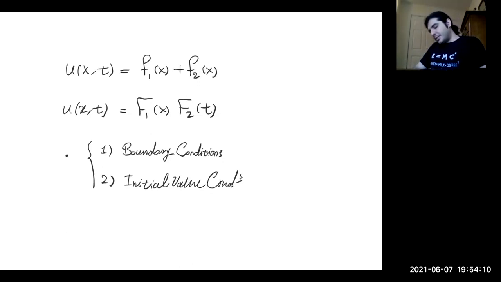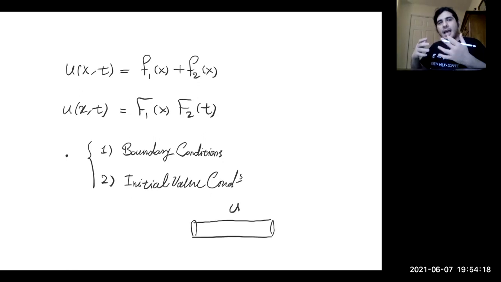For example, we have this bar here. We are studying a function u defined here. We can have extra assumptions. We want to find u at any point x and any time t. We can assume that at time t equals 0, a specific function is given.